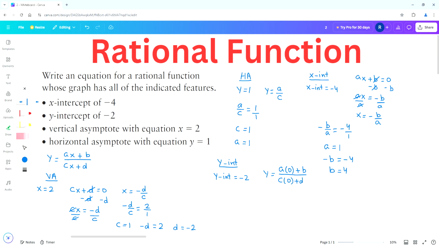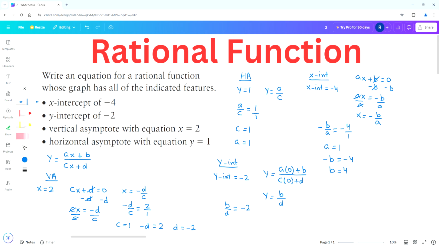A times 0 is 0, 0 plus b is b, c times 0 is 0, 0 plus d is d. I get y equals b over d. Since the given y-intercept is at negative 2, b over d should be equal to negative 2.